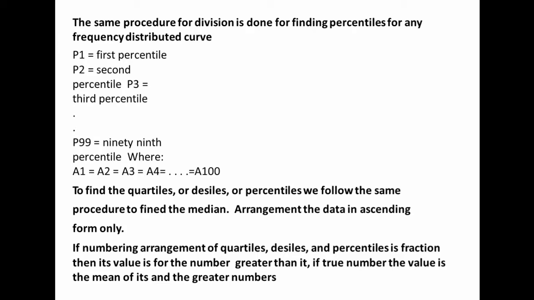If the numbering position of a quartile, decile, or percentile is a fraction, then its value is the number greater than it. If it is a whole number, the value is the mean of that number and the next greater number.